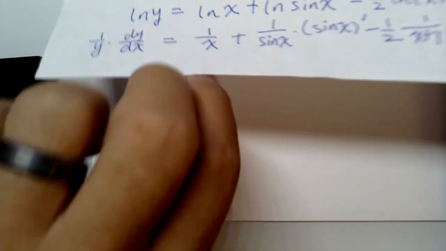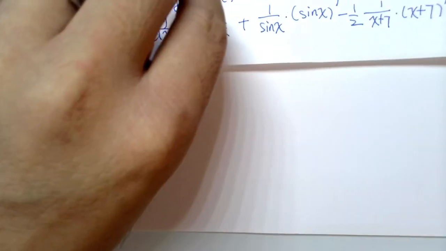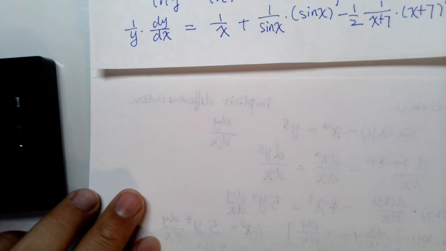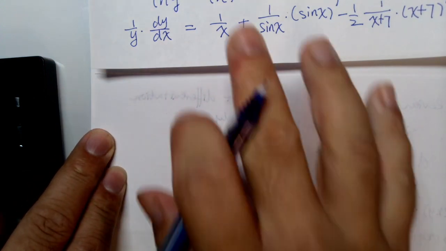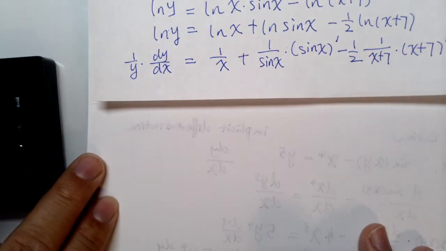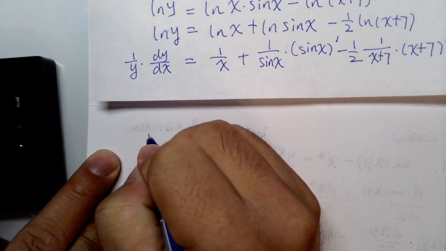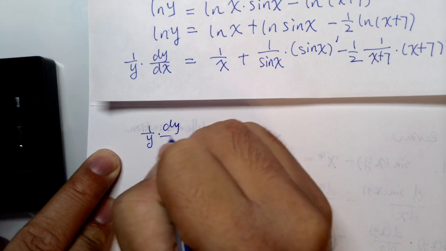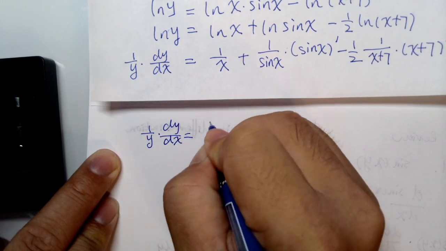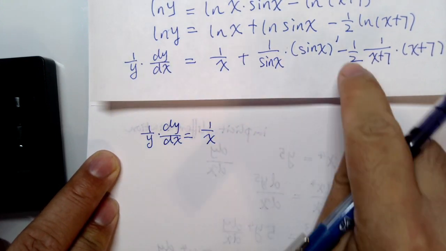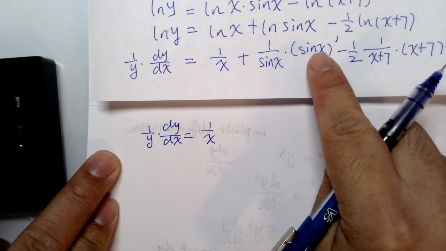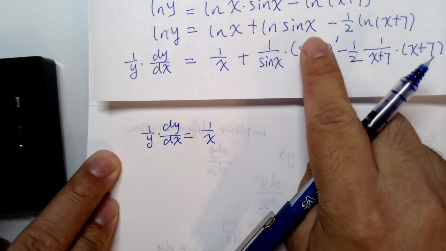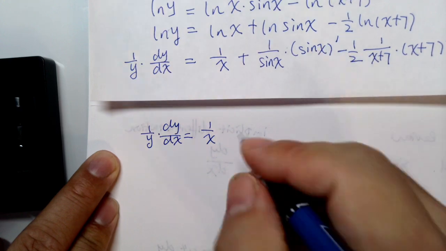We have 1 over y times dy dx equals 1 over x, plus the derivative of sine x, which is cosine x, so you have cosine x over sine x.